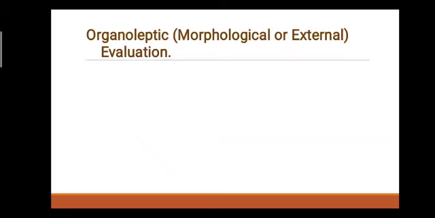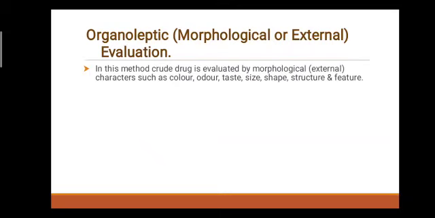First method, organoleptic, also called as morphological or external evaluation. In this method, the drug is evaluated by morphological (external) characters such as color, odor, taste, size, shape, structure and features. First, color. Some drugs become pale green when dried in sunlight.